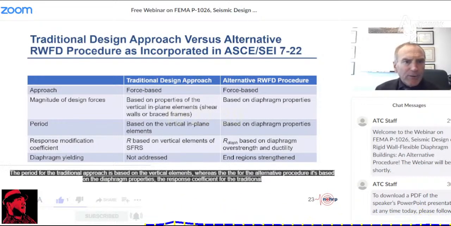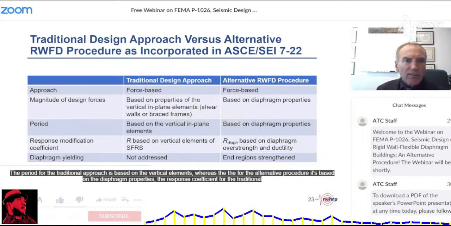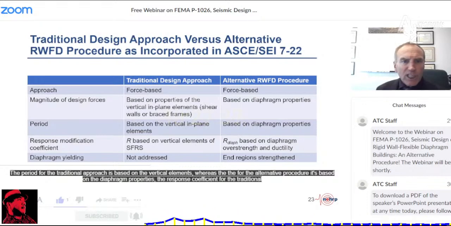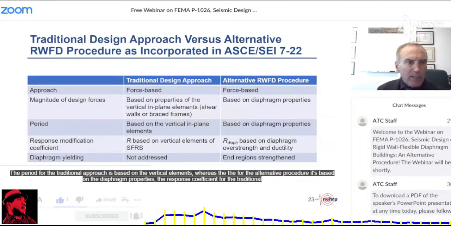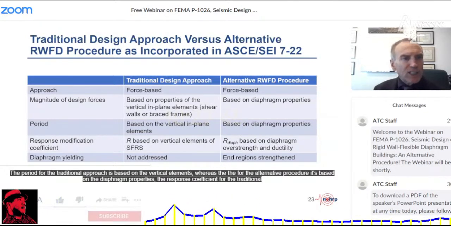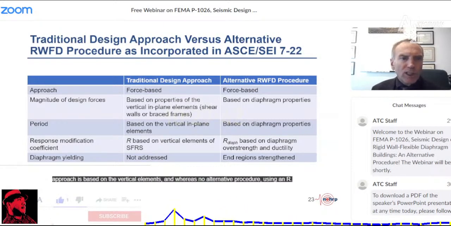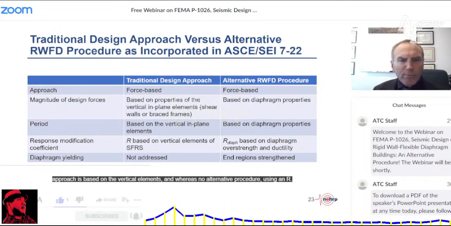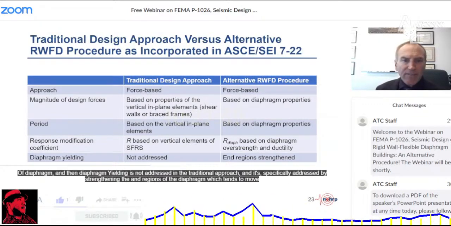The period for the traditional approach is based on the vertical elements, whereas for the alternative procedure, it's based on the diaphragm properties. And the response coefficient for the traditional approach is based on the vertical elements, whereas in the alternative procedure, using an R of diaphragm.